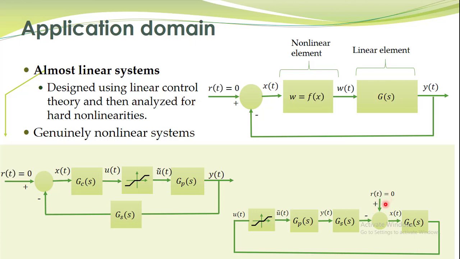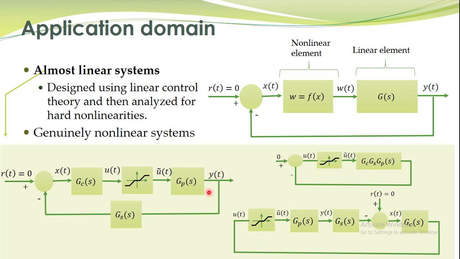So if this is 0, we can simply remove this summer, and in that case these three blocks are in cascade, and therefore this block diagram can be redrawn into this form: GC multiplied by GS multiplied by GP, these three cascaded and preceded by this nonlinearity, and then this u of t is added with a signal which is equal to 0.